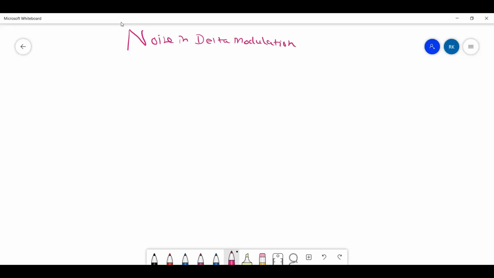Let's first talk about the most important term in delta modulation, that is the quantization error. The quantization error in delta modulation is given by this delta t, which is the difference between the message signal and the approximating function, which is the staircase function.